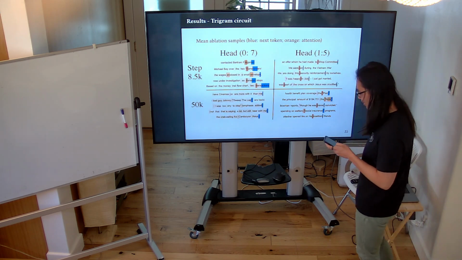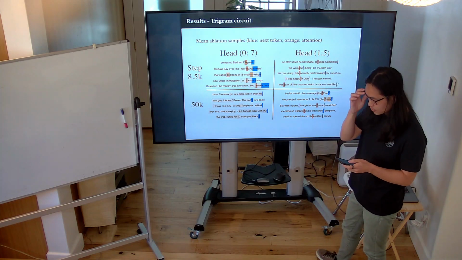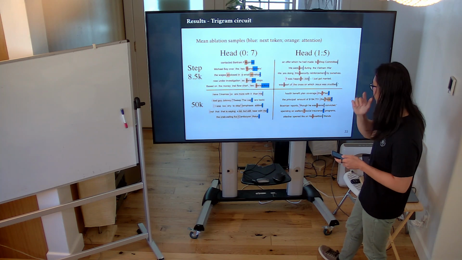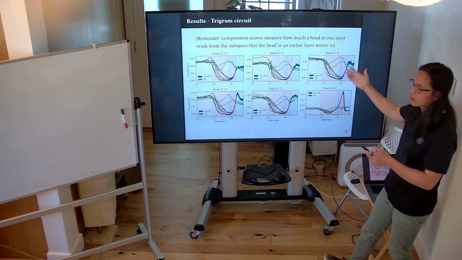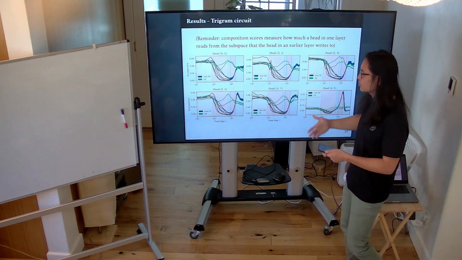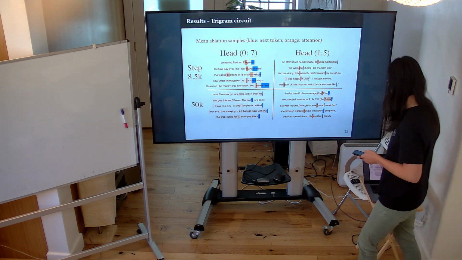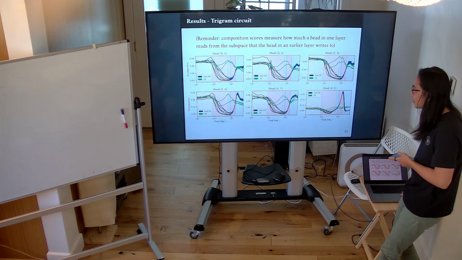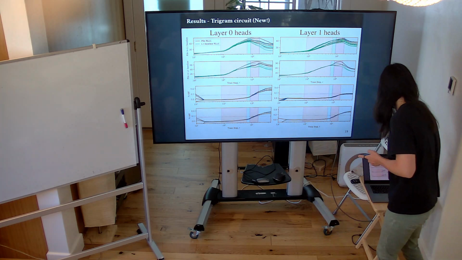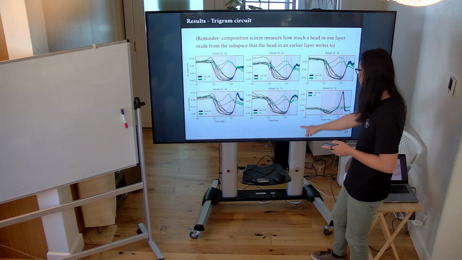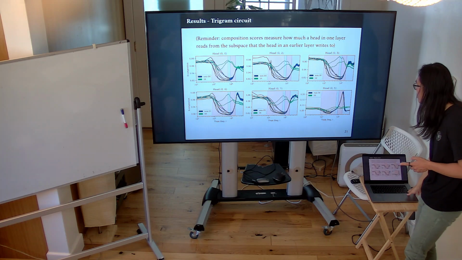Okay, another thing that we can do is look at ablation samples again. We are thinking that these attention heads in layer 0 and layer 1, based on these composition scores, probably have some sort of structure together. So what is that structure? If we look at this slide, sorry to jump around so much, step 8.5K is the time in training where these peaks are happening, and a little bit before, it's around the time where this composition score turns around.